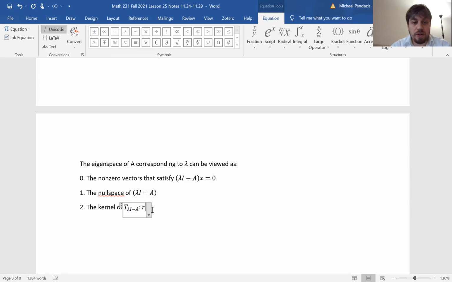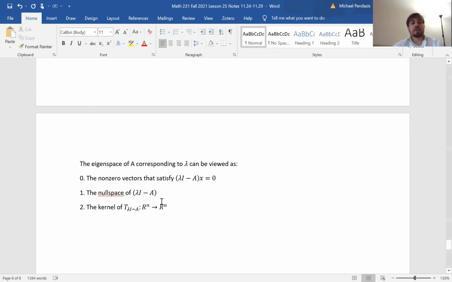It's a map from R n to R n. Another way to express the solutions of this equation is saying that if you have a matrix operator T sub lambda I minus A, which is left multiplication by that matrix, or lambda I minus A times x, the kernel of it would be all vectors x that are sent to 0. This is just another way of saying the same thing.